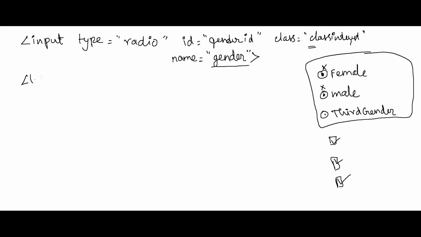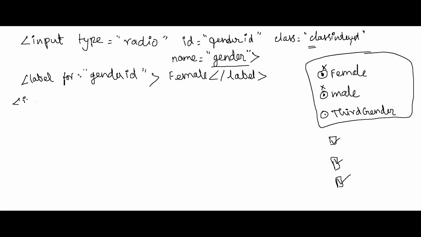For example, now I am going to use label for gender ID. Okay, this is female as per our example. I am closing this label. Then next one is input. Type is equal to radio, same.